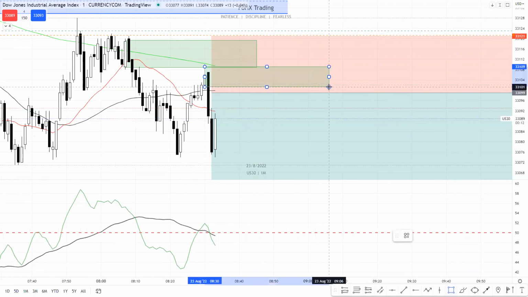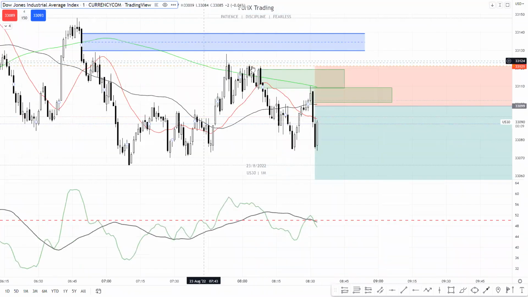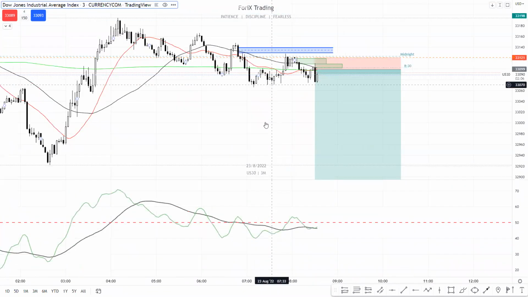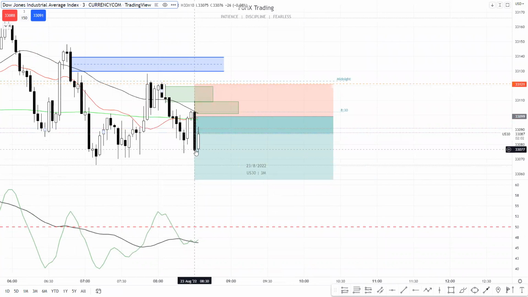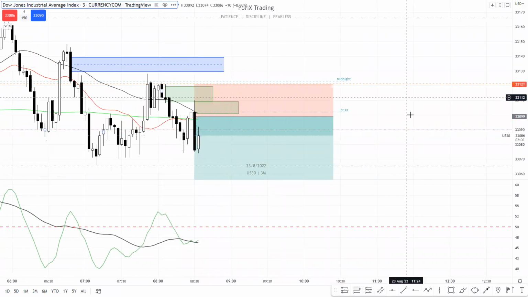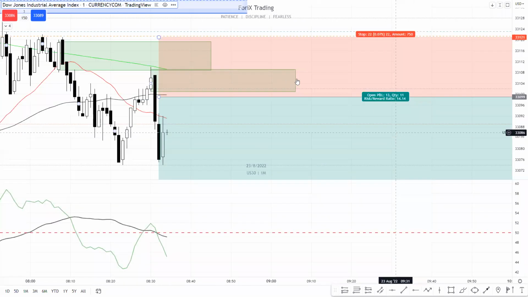Let's do the 3 minute, if you actually broke any structure. But we didn't take its low. We did not take the low.